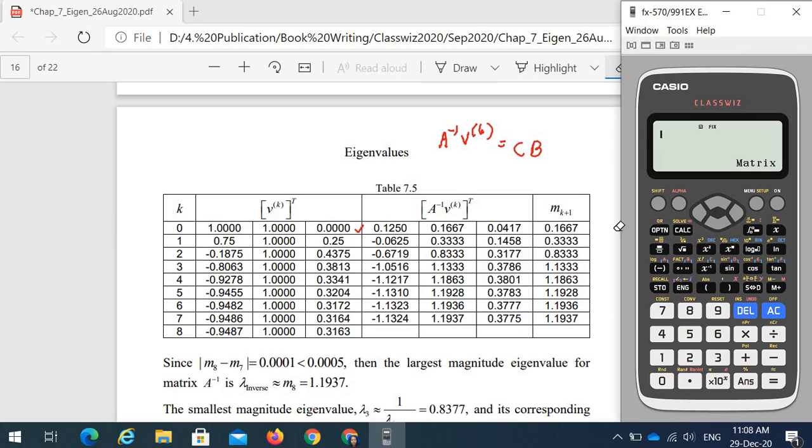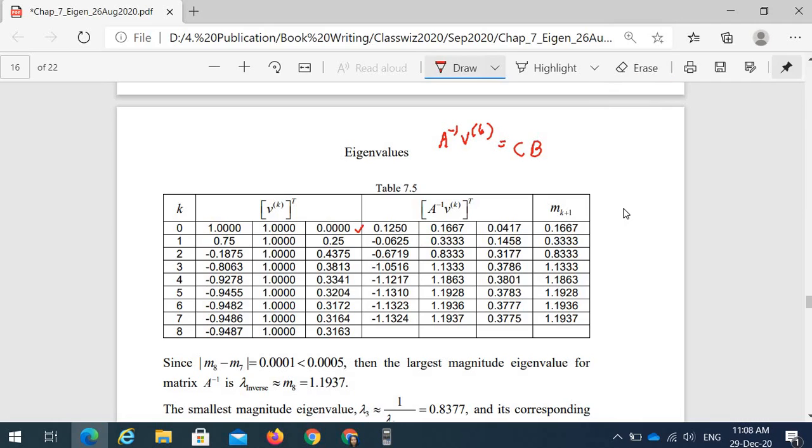Now we are going to take your matrix C multiply your matrix B. So options C, multiply, options matrix B. You get 0.1667, 0.1667, 0.0417.